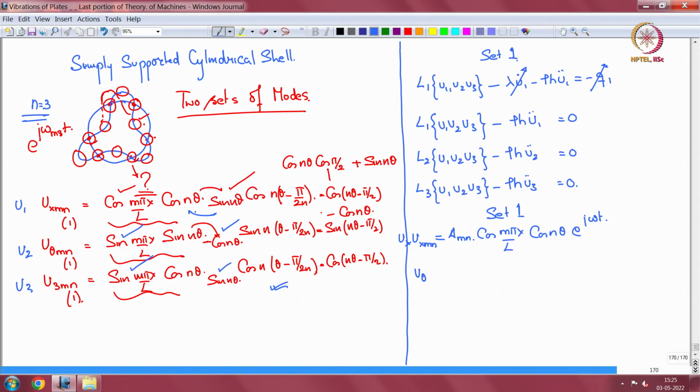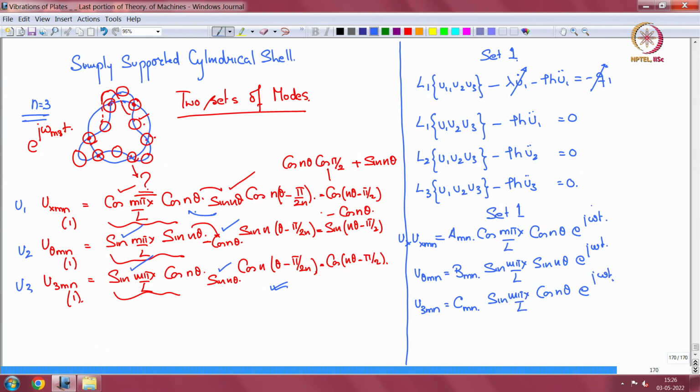Then u theta mn is, let us say, B mn sin m pi x by L sin n theta e to the power j omega t. Then u3 mn is some C mn sin m pi x by L cos n theta e to the power of j omega t.